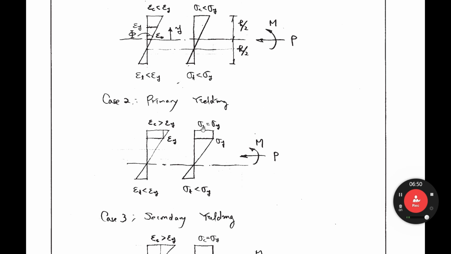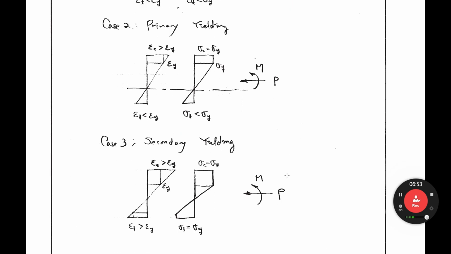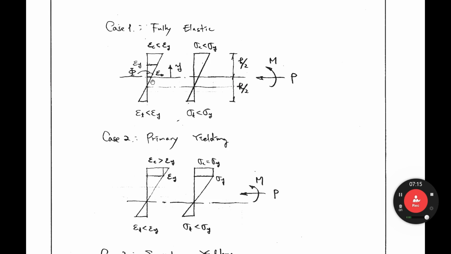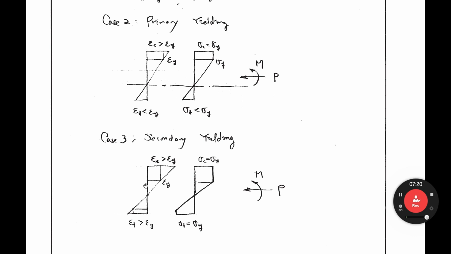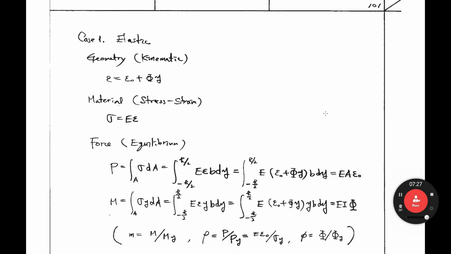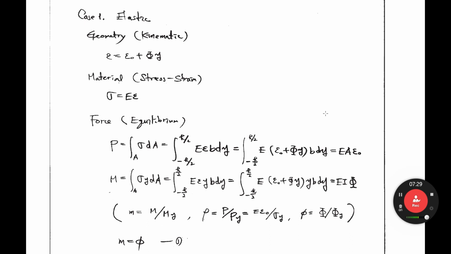That is the primary yielding case. Let's look at secondary yielding. At top and bottom, the strains are greater than epsilon y. Then this part shows yield stress, and this part also shows yield stress. That is case 3. Case 1, fully elastic. Case 2, primary yielding. Case 3, secondary yielding. You have 3 different cases, and for each we can derive the moment, curvature, thrust relationship.